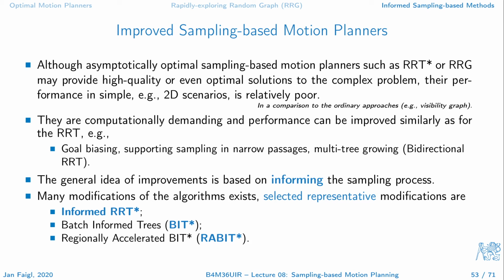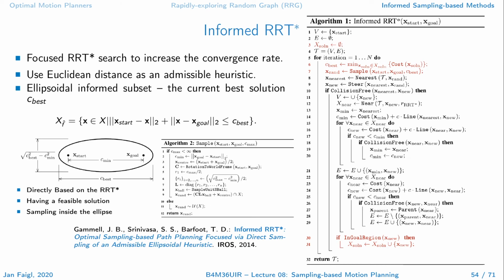And in each part, we actually consider a different part of the sampling-based algorithm to improve the performance. So let's start with the informed RRT. Basically, the modifications are highlighted in red. So it is quite straightforward, right? The idea is that once we have a feasible solution, we don't need to sample everywhere.